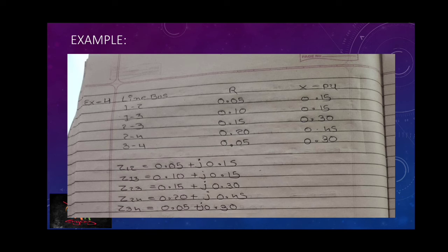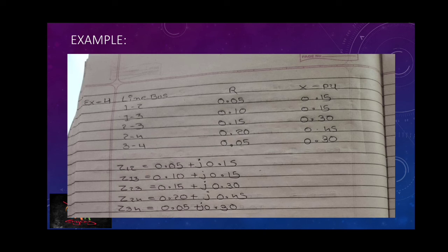Now I have taken one example so that this concept is more clear to you. So this is our example. We have a line bus here. In any exam you only have this much type of value and you have to calculate the Y bus matrix. If in an example R and X are given, then the line buses we have are 1-2, 1-3, 2-3, 2-4 and 3-4.